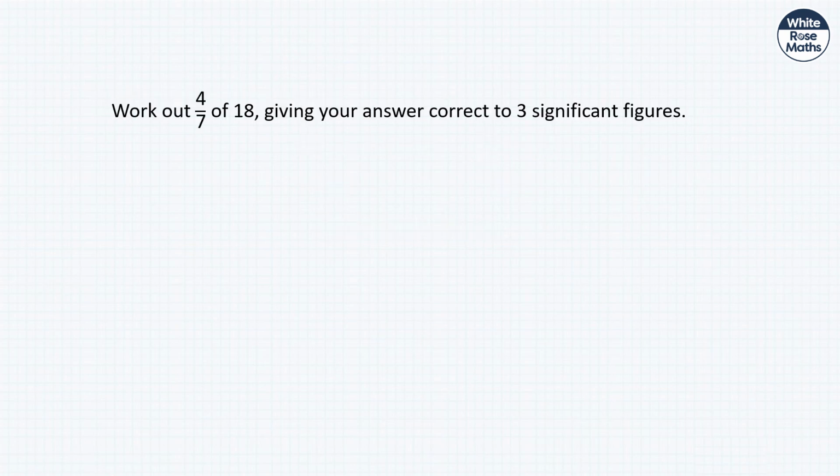There we go. Work out 4/7 of 18, giving the answer to three significant figures. So divide by the bottom and then times by the top. This is what I call a fraction of an amount, guys. So 18 divided by 7 and then times by 4, rounding it to three significant figures.